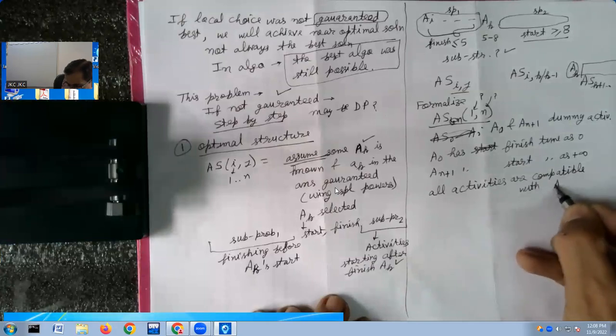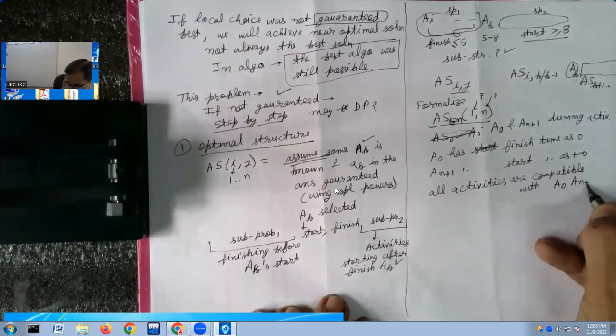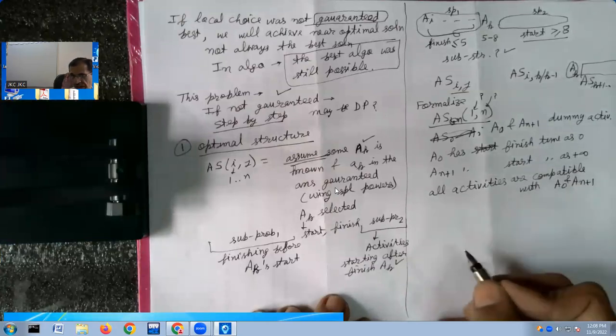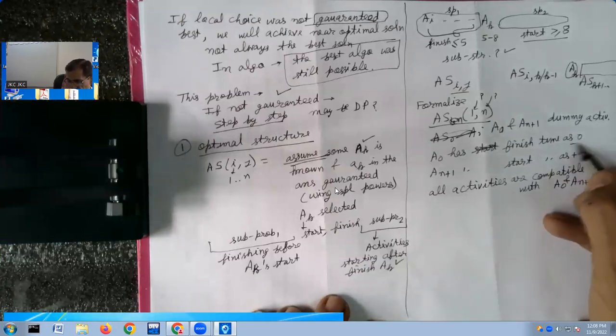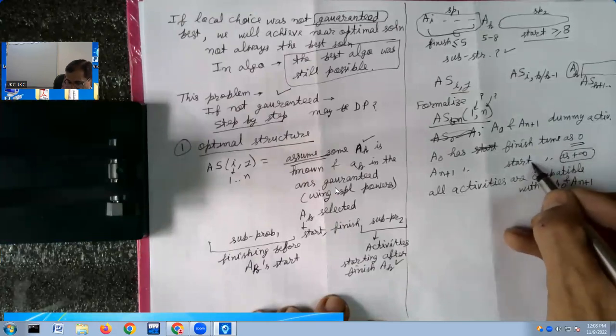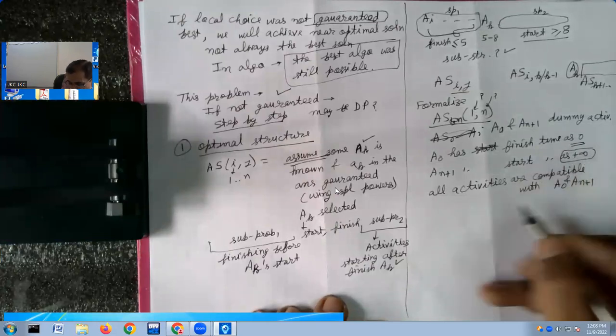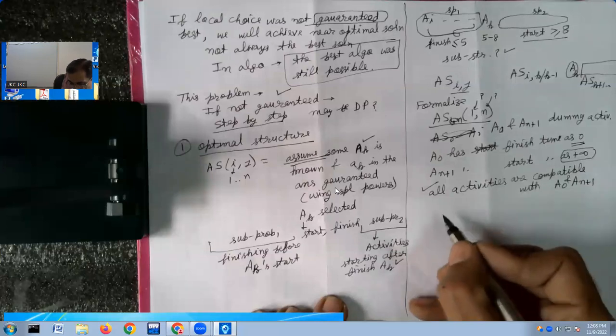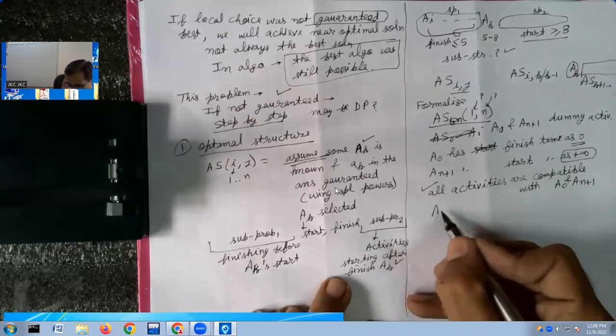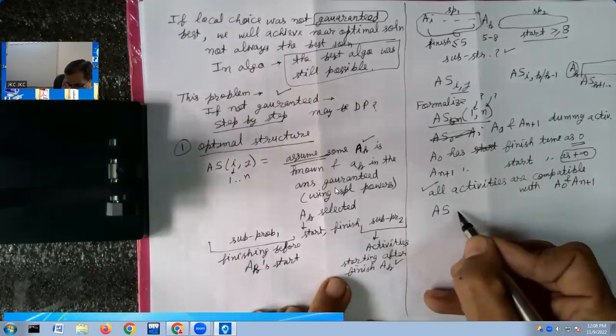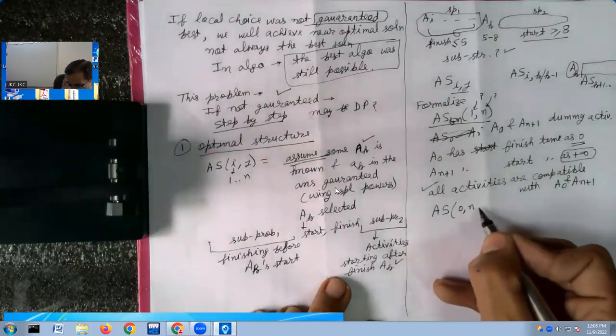So I can guaranteedly claim that every activity is compatible, because A0 finishes at time 0, so any activity can start from 0 onwards. An plus 1 starts at plus infinity, so all activities can finish before plus infinity. So effectively, my problem says find AS of 0 to n plus 1.